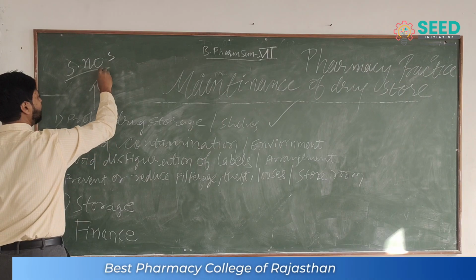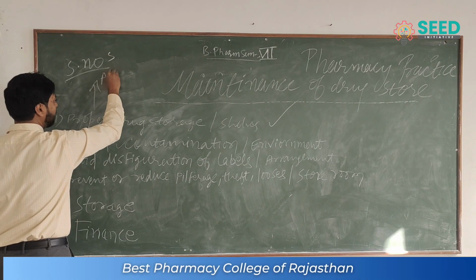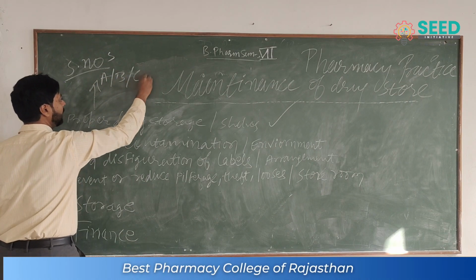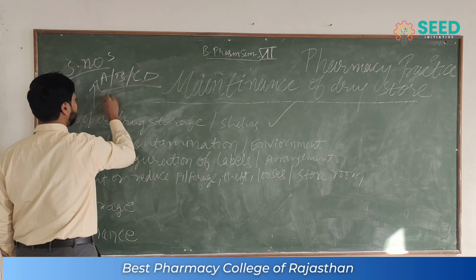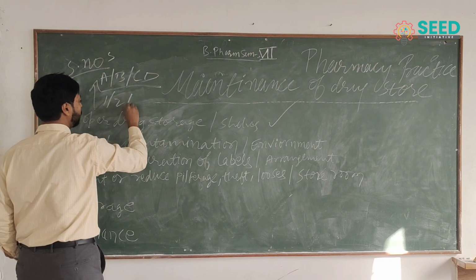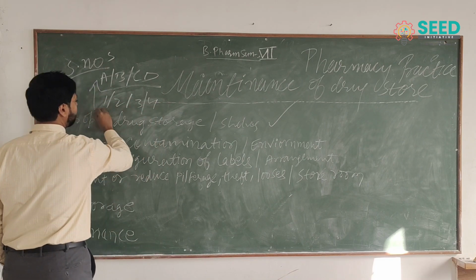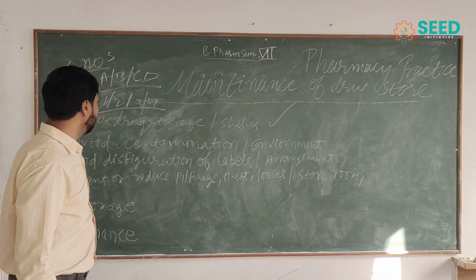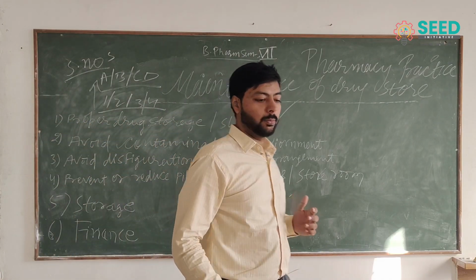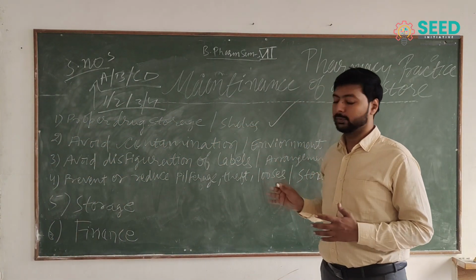On the shelves like A, B, C, D, and in numerical way 1, 2, 3, 4. That's what proper drug storage is.